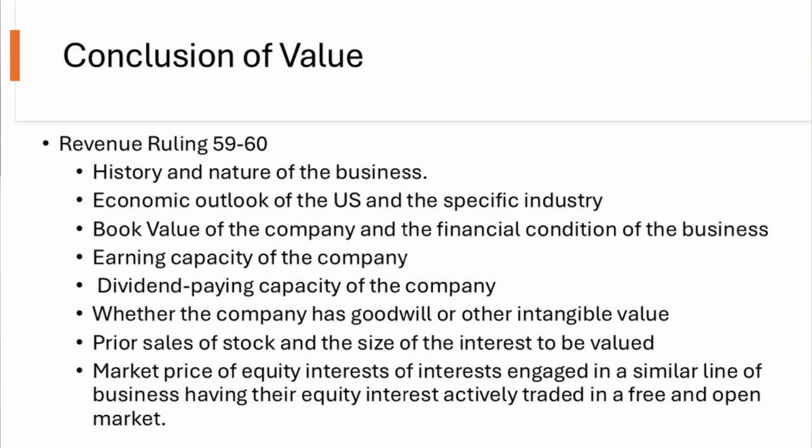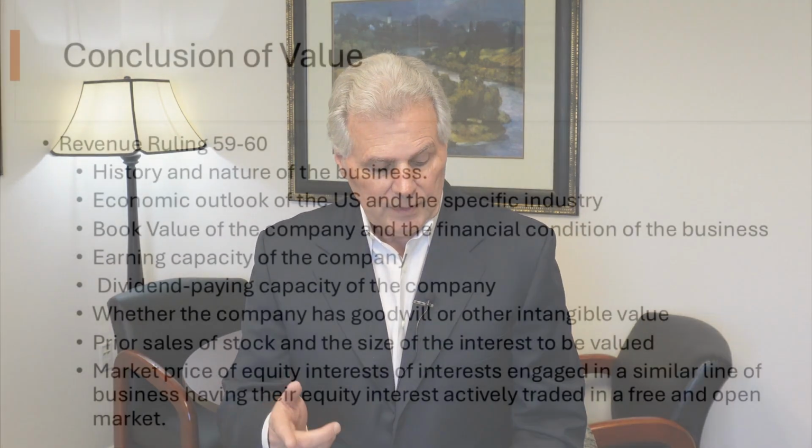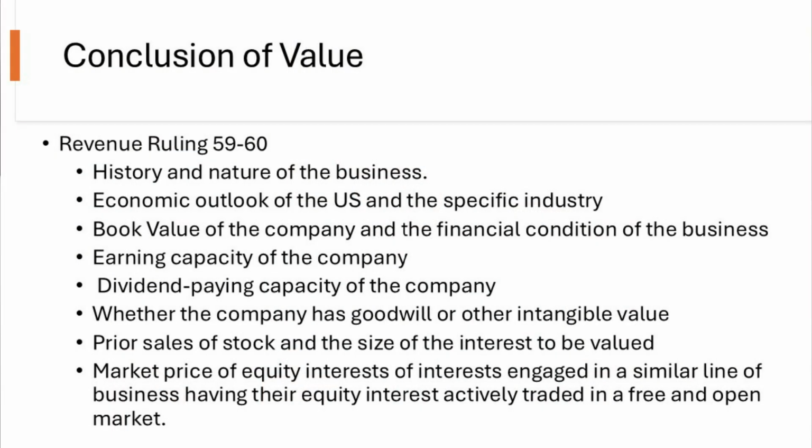And they can be history and nature of the business, economic outlook of the U.S. and the specific industry, book value of the company and financial status of the company, earnings capacity, dividend paying capacity, whether the business has goodwill or other intangible values that are to be included, prior sales of stock, and the size of which those stock sales were done. So if there were 20% or 30%, and then the market price of equity interest that may be traded in the open market.